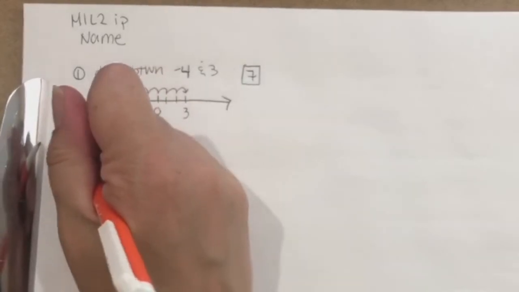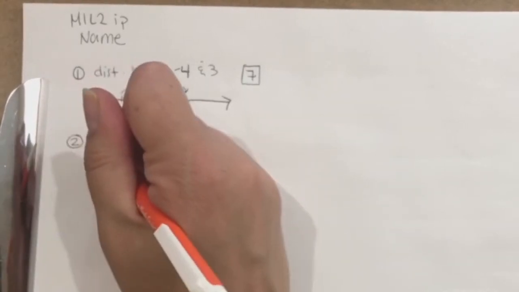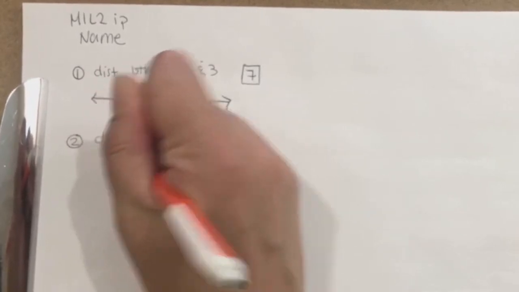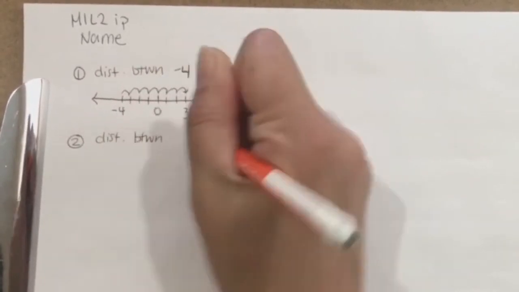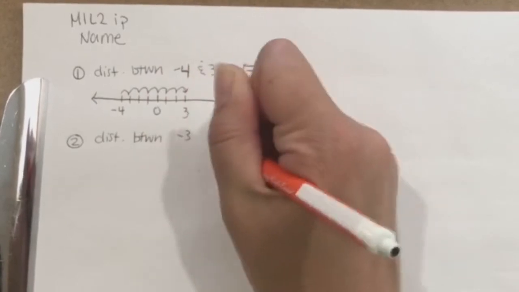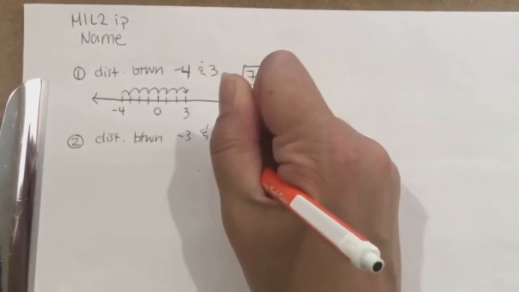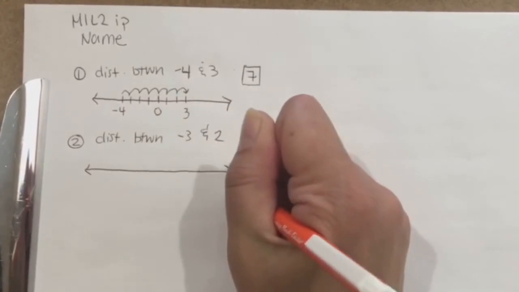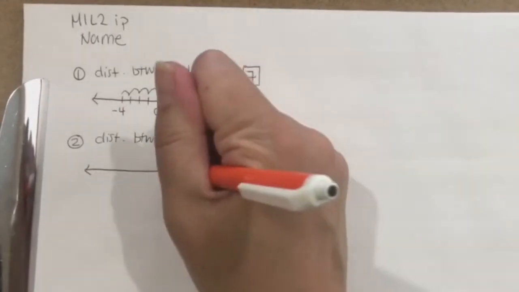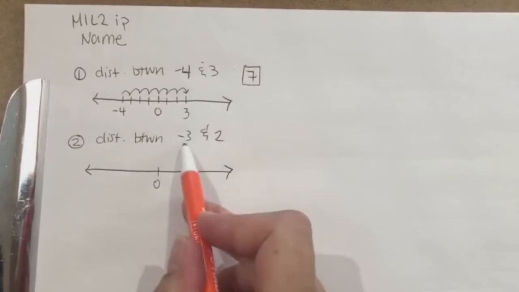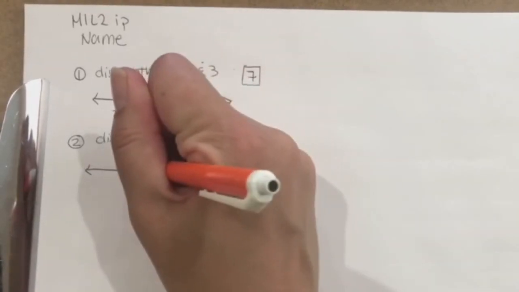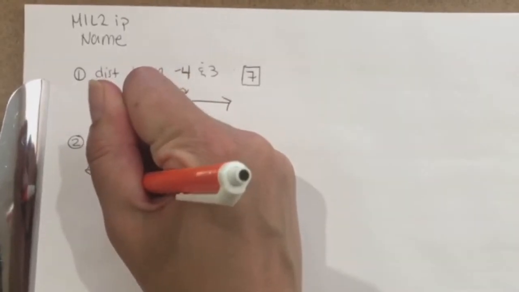All right, number 2, distance between -3 and -2. So dist between -3 and 2. All right, again, using the method that it showed us in this lesson, we're going to draw a number line, put 0 in the middle, and then we're going to count out to -3 and +2. -1, -2, -3.